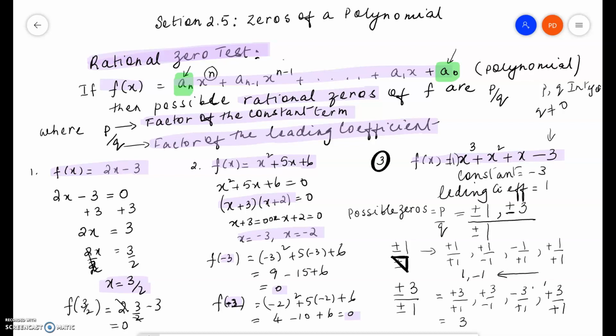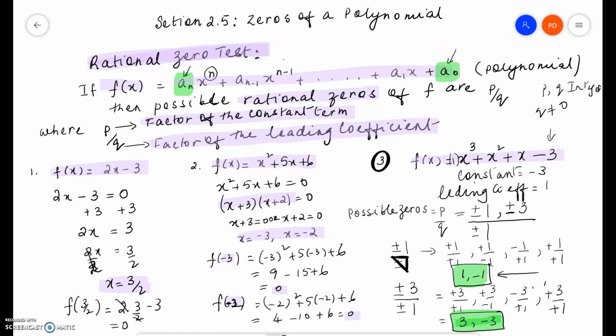So this would be 3, negative 3. These are the only two possibilities. So let's look at the possible zeros of the polynomial x cubed plus x squared plus x minus 3 equals f of x. So these are the possible zeros.